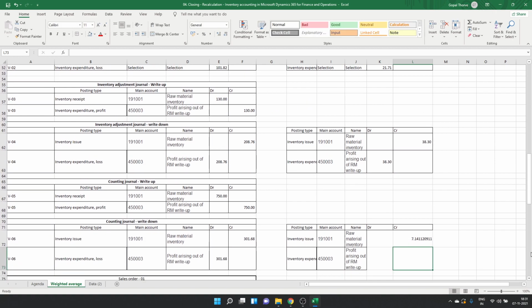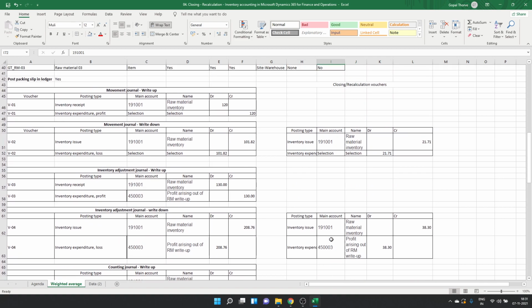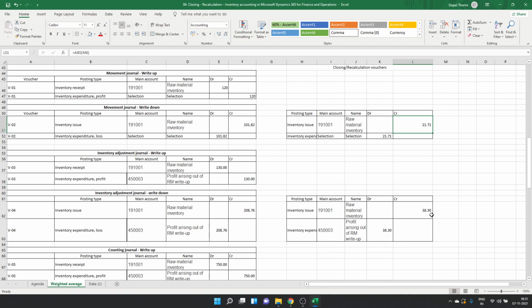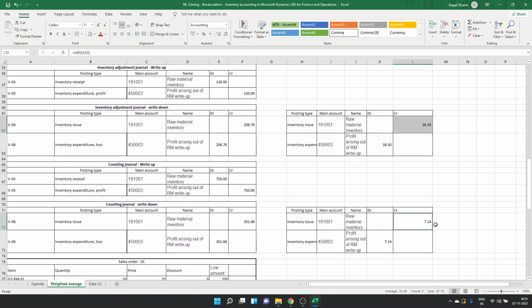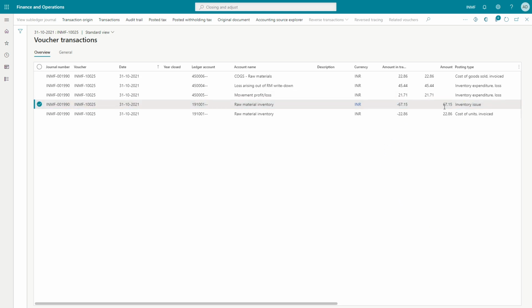Yep, this one. So the inventory issue is happening with this much amount, 67.15, on account of all three inventory adjustments or inventory write downs which are happening through movement general, inventory adjustment generals, and counting general.